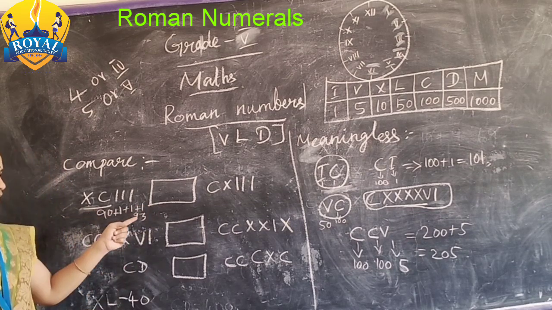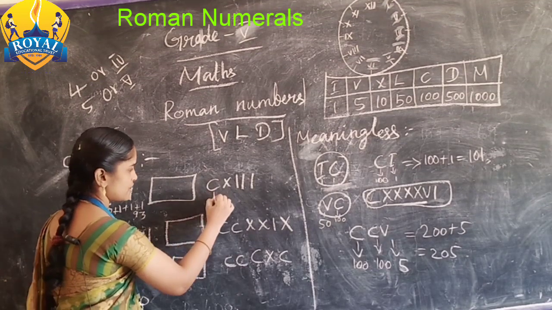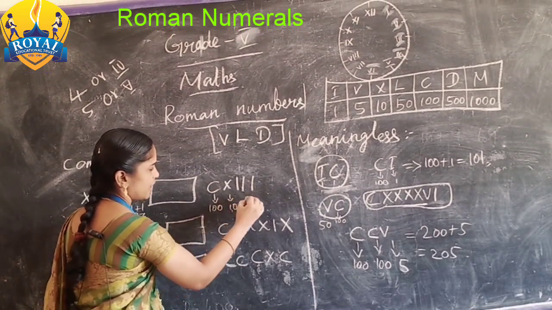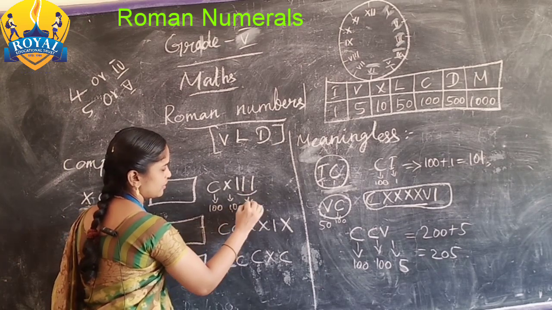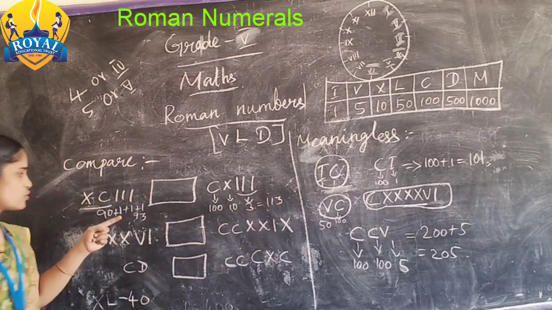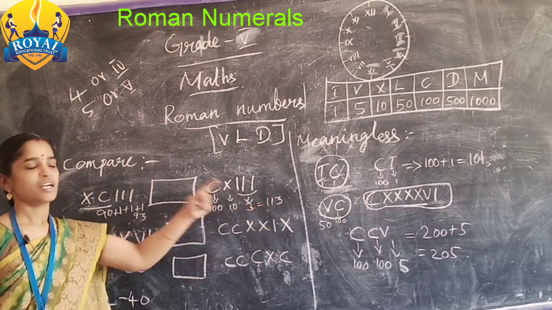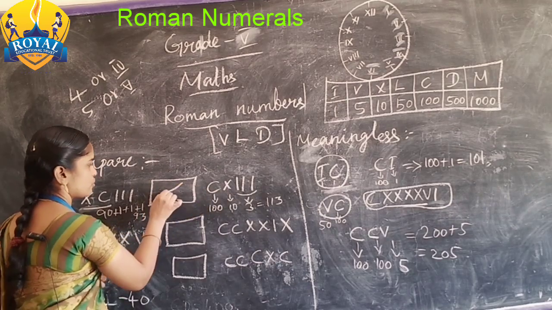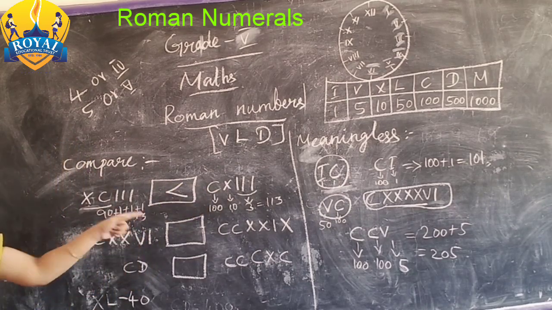Here CXIII: C indicates 100 and X indicates 10 and these are 3, so 113. So 93 and 113, which is biggest? Yes, 113. So we put the symbol less than.